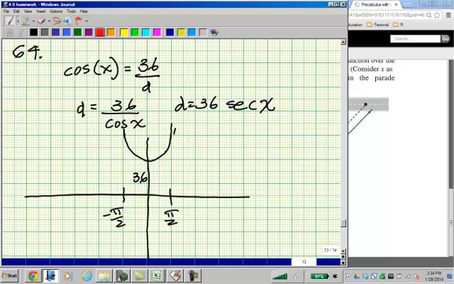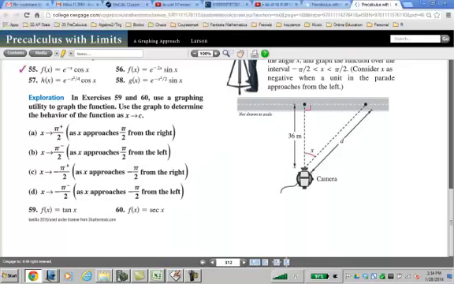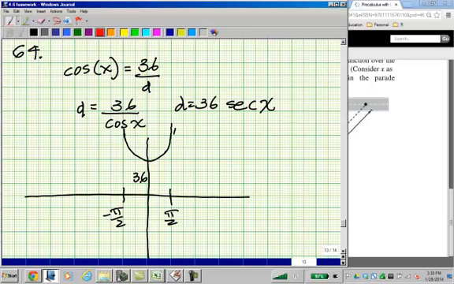So the cosine of x equals 36 over d. Here's theta. Cosine of x equals adjacent over hypotenuse, 36 over d. All right, we in agreement on that?